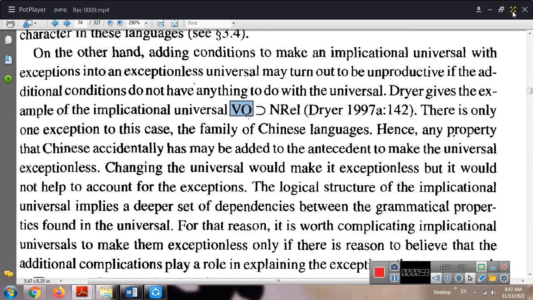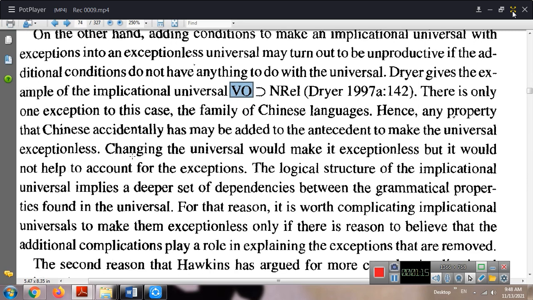They are verb-object, but they are not noun-relative. Hence, any property that Chinese accidentally has may be added to the antecedent to make the universal exceptionless. Changing the universal would make it exceptionless, but it would not help to account for the exceptions.